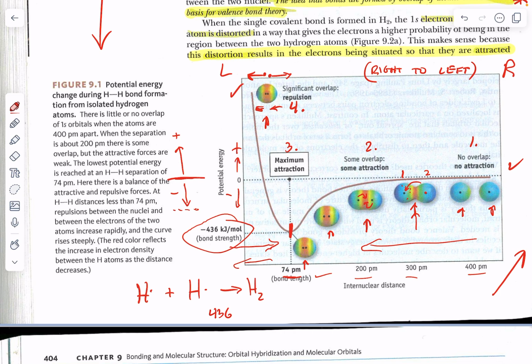And you're going to have the exothermic when you go towards the right, because you're releasing energy as you become more stable. But if you want to break it apart and become less stable, you're going to have to put energy into the system of 436 kilojoules per mole. So this is the most stable position.